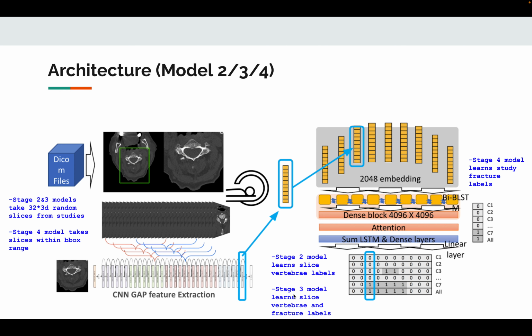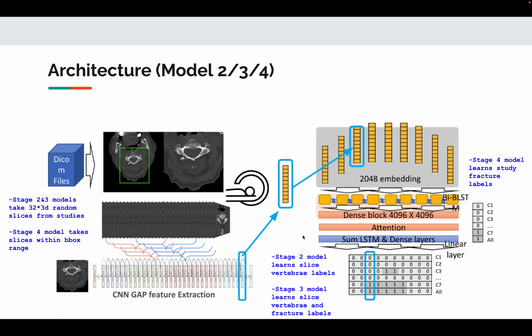In the next stage of modeling, we take those vertebrae labels that we learned and put in the vertebrae and the fracture labels. In model 3, again, we slice out along the z-axis and learn for each slice, or each 2.5D image, what the vertebrae ratio and the fracture ratio are.